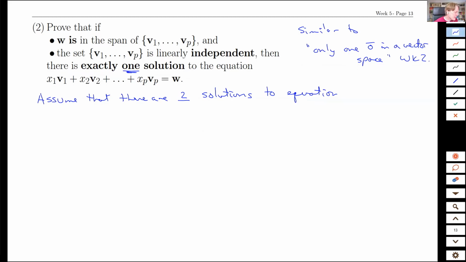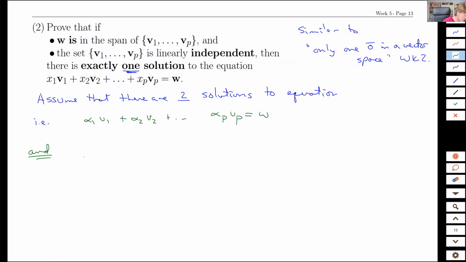All right. So what would 2 solutions look like? Well, let's build this out here. So let's not use x's anymore. So let's say, for example, that alpha 1 v1 plus alpha 2 v2 plus all the way out to alpha p vp is equal to W. And that our beta, because beta is our next letter up here, and sorry, just one sec here.